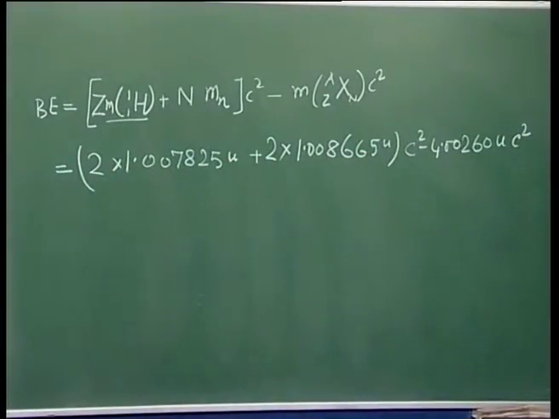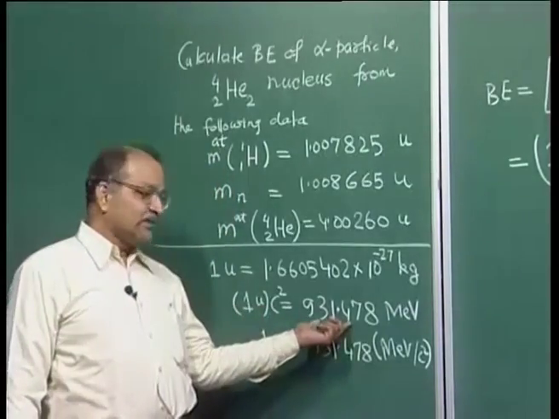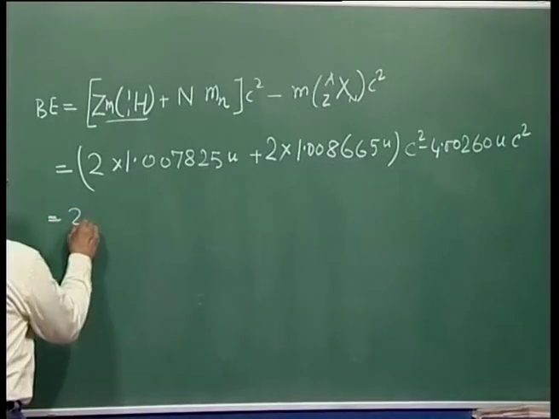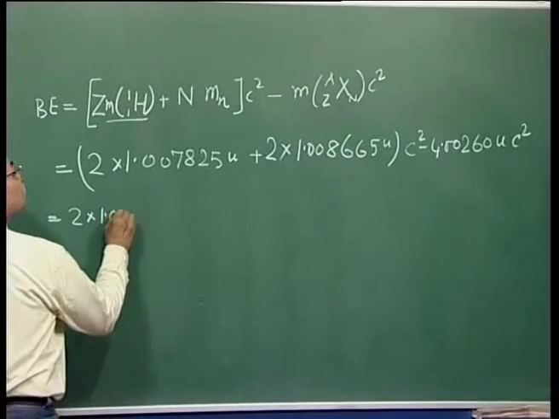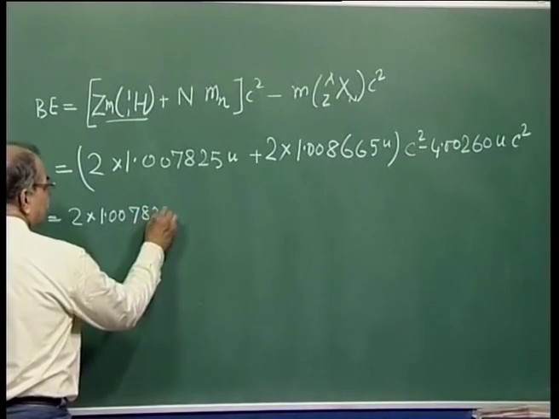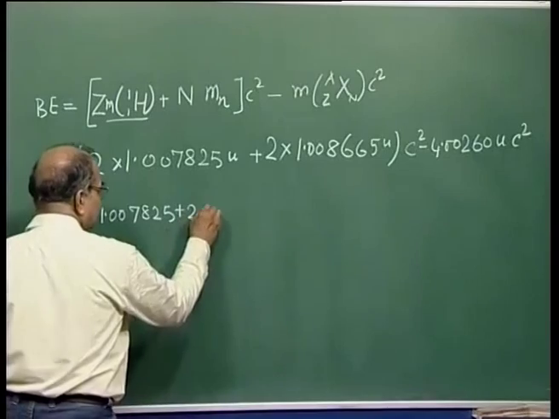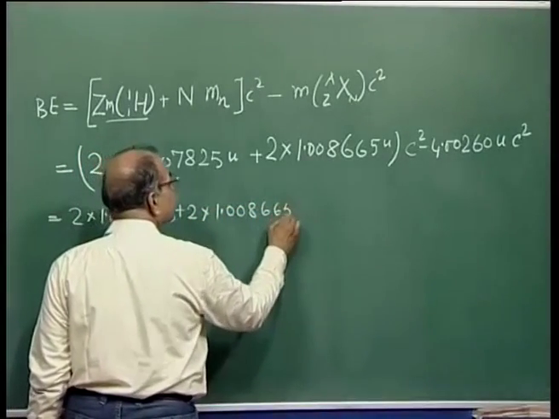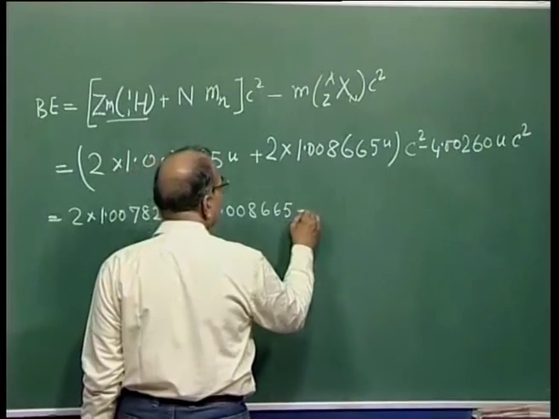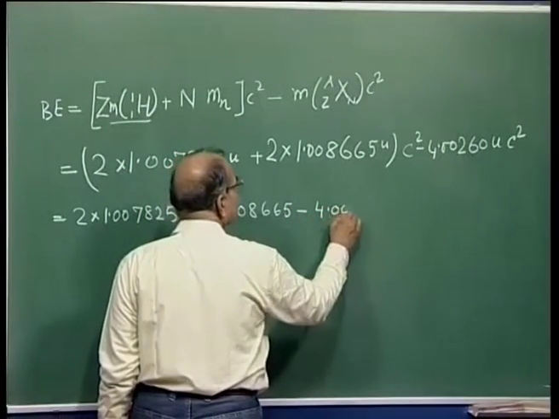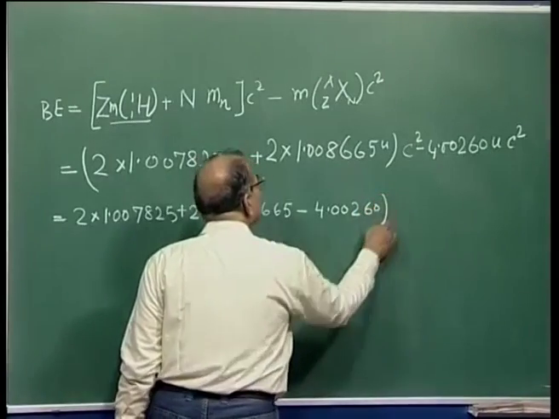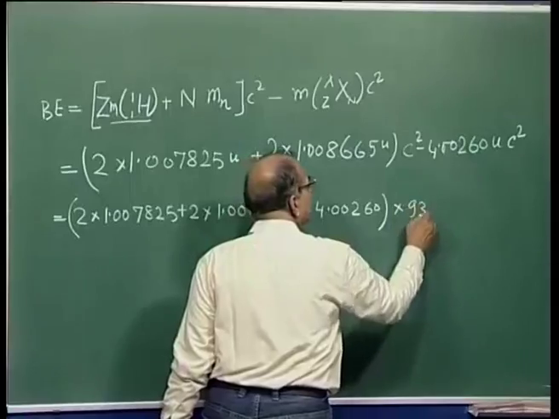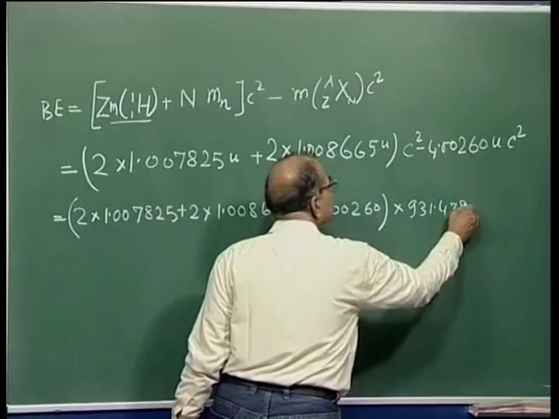Now 1 u times c squared, you know, is 931.478 MeV. So this is 2 times 1.007825 plus 2 times 1.008665 minus 4.002603, and u times c squared is 931.478 MeV.